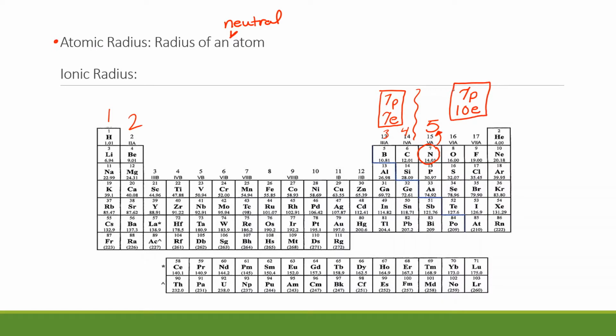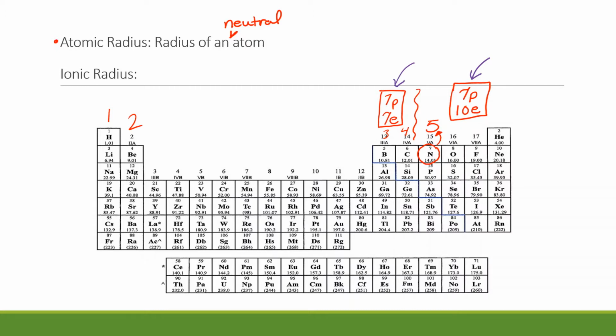And you may be saying, well, is the radius of this neutral atom really going to be any different from an atom that's gained 3 electrons and is an ion? The answer is yes. Actually, there is a huge difference in the radius between neutral atoms and atoms that are ions. So that's why we actually need to talk about both.